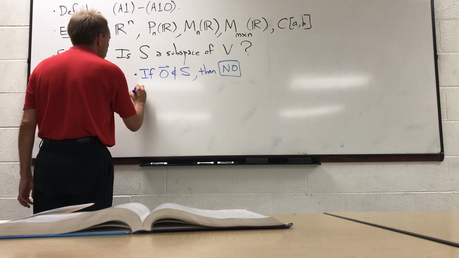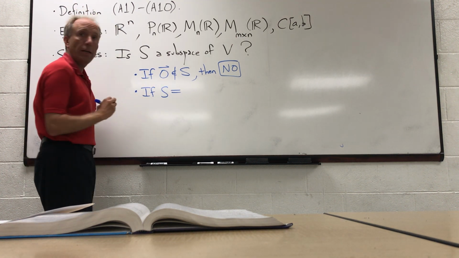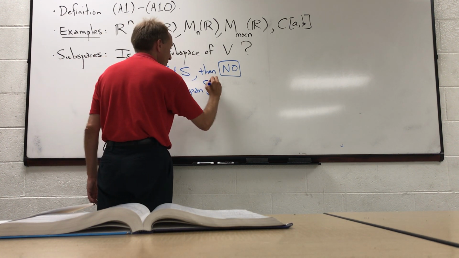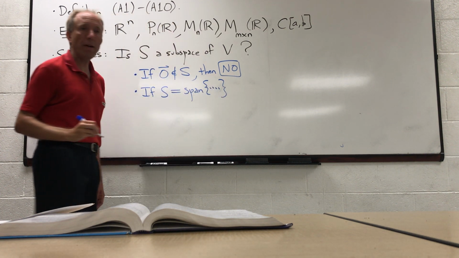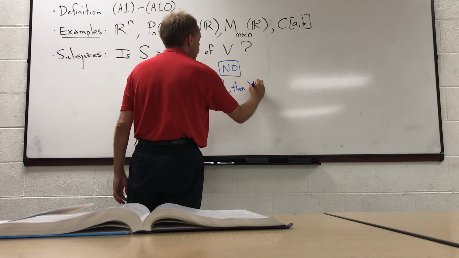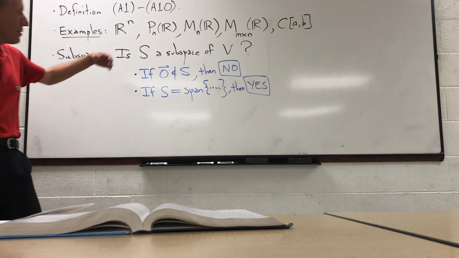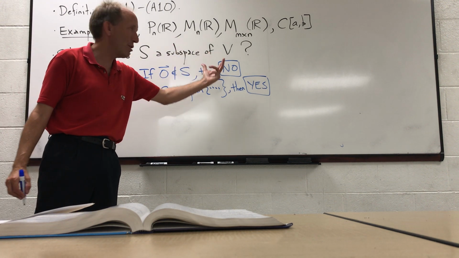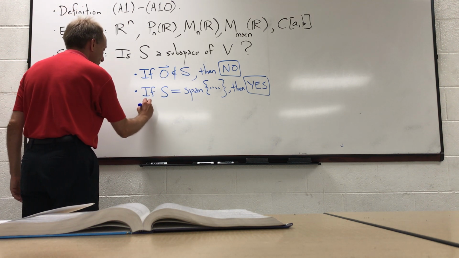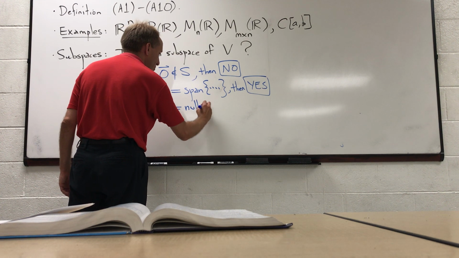Okay. On the other hand, if S is the span of something, then for sure the answer is yes, right? So there are some fast situations where you can say no, and some fast situations where you can say yes. Another fast yes is if you have a null space of a matrix.